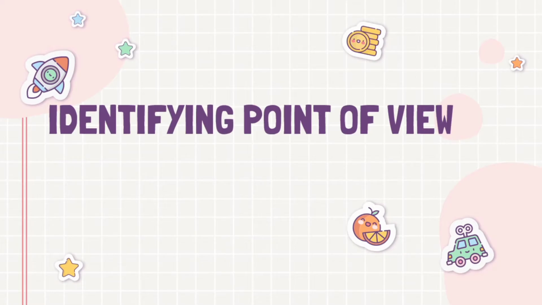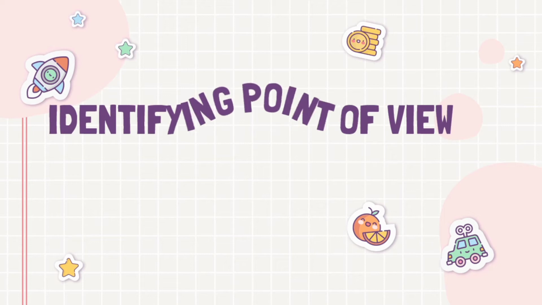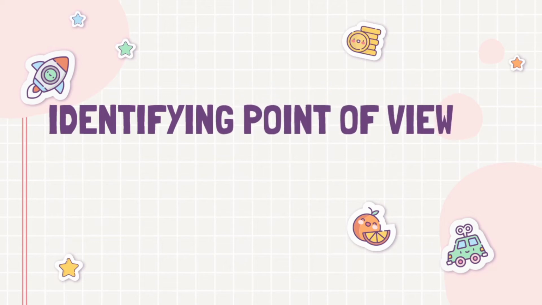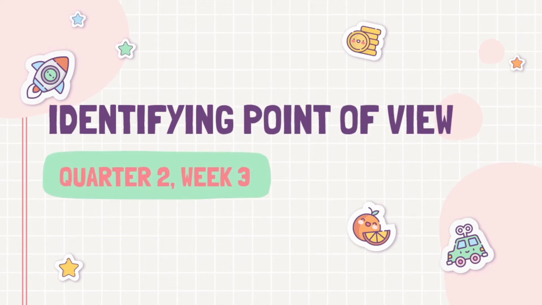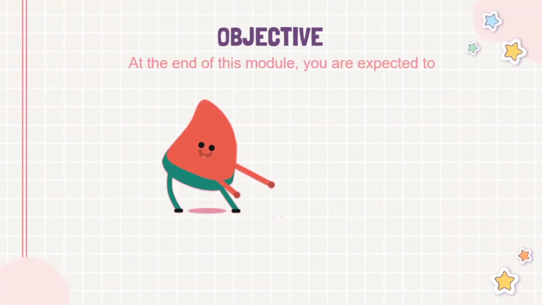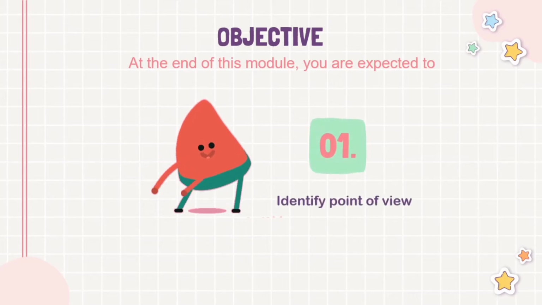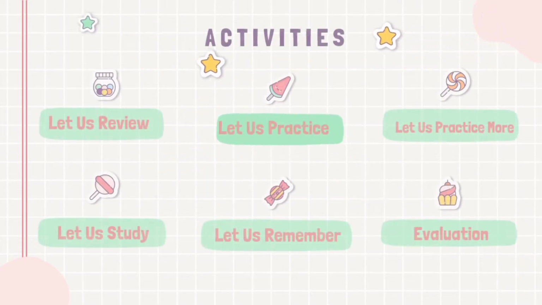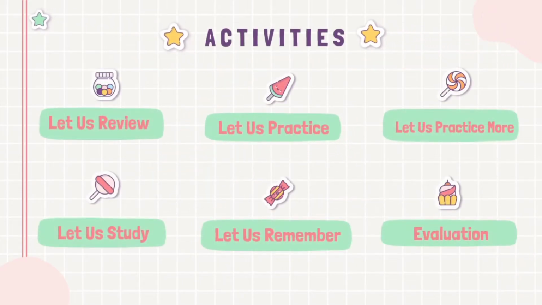We will be discussing identifying point of view for Quarter 2, Week 3, Learning Activity Sheet number 3. At the end of this learning activity sheet, you are expected to identify point of view. Let us have a review first on modal verbs or modal auxiliaries.